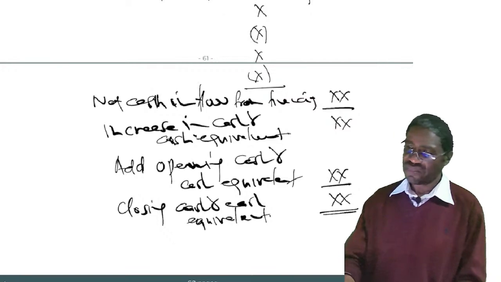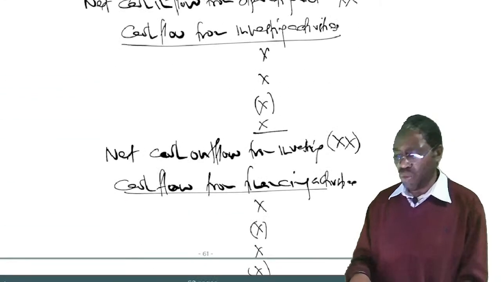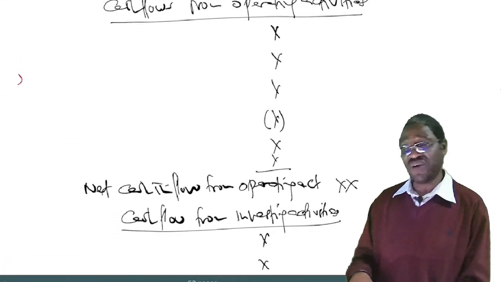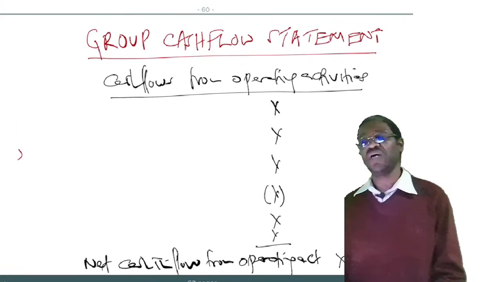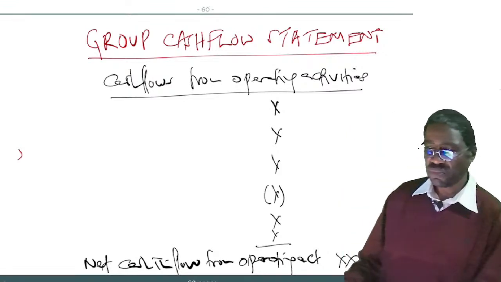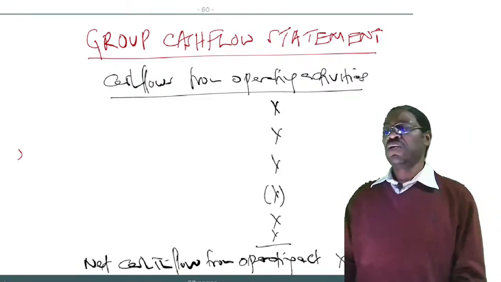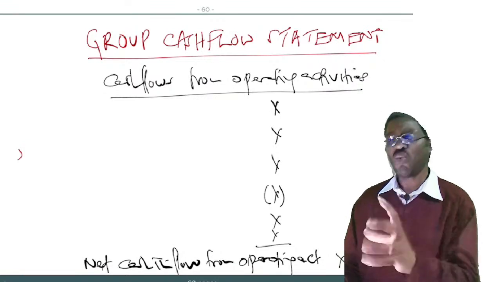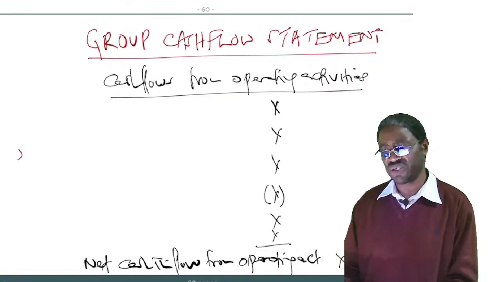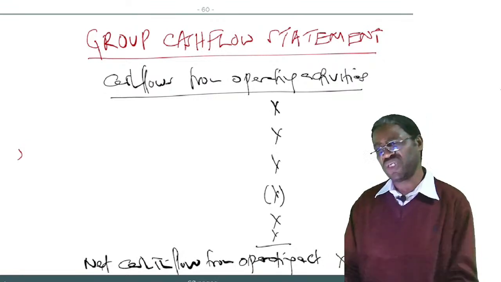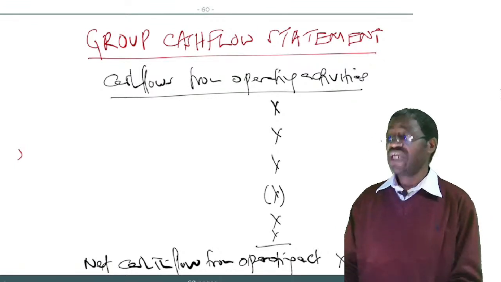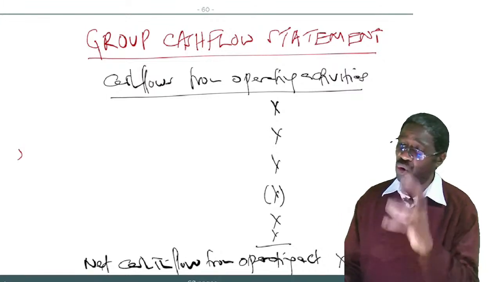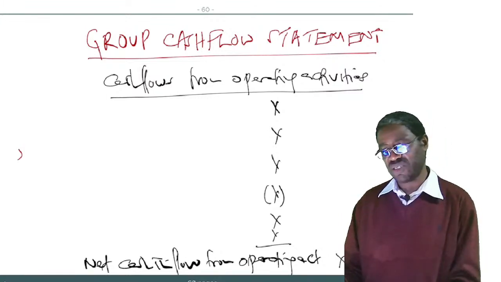Good. Now that we have looked at the general overview of how to prepare a cash flow statement, we want to ask ourselves what the components are when you want to determine the cash flows from operating activities. Now, listen.